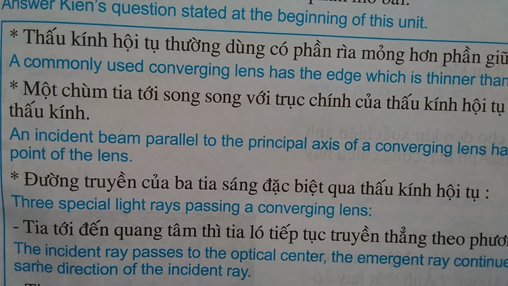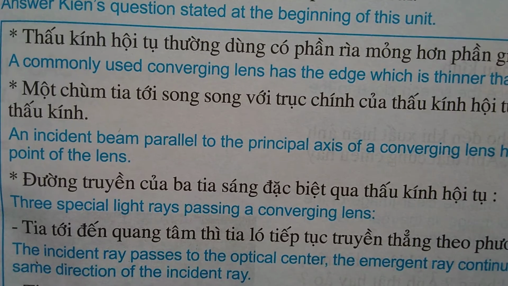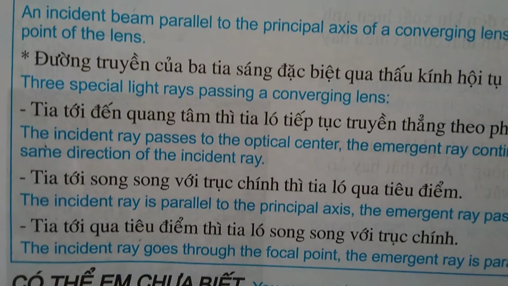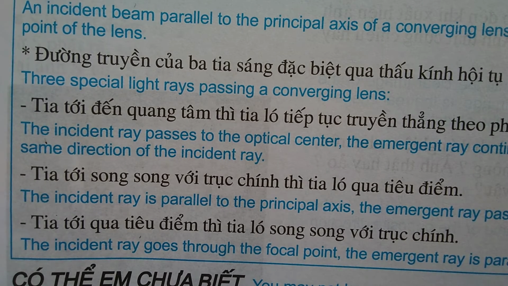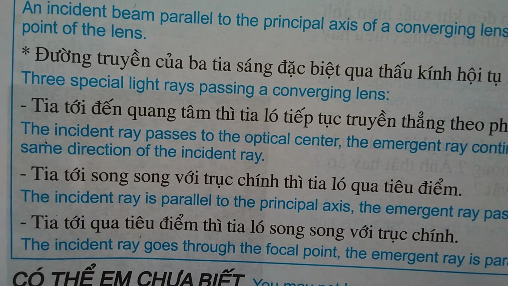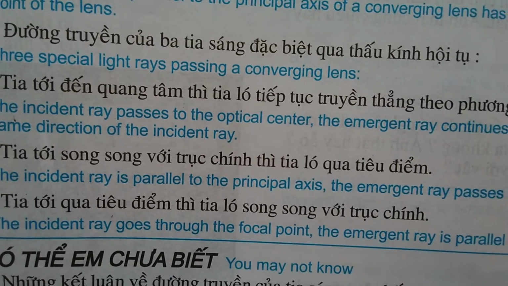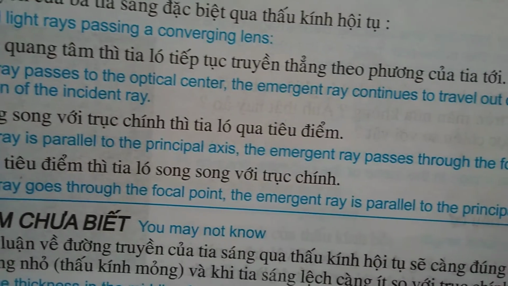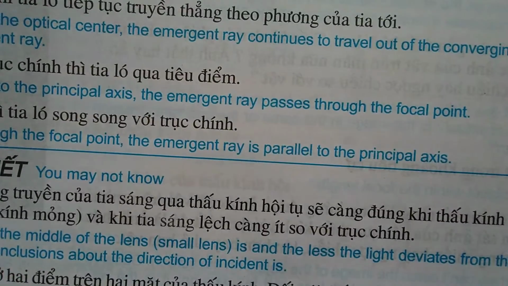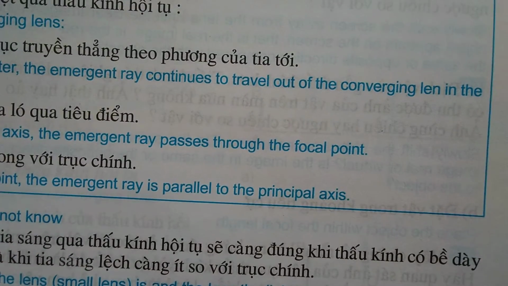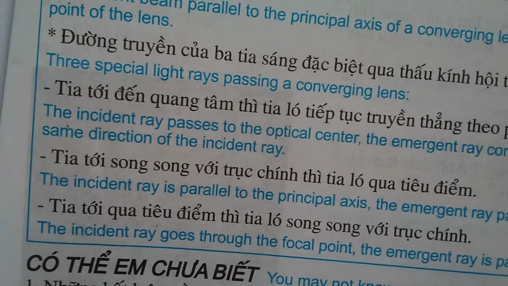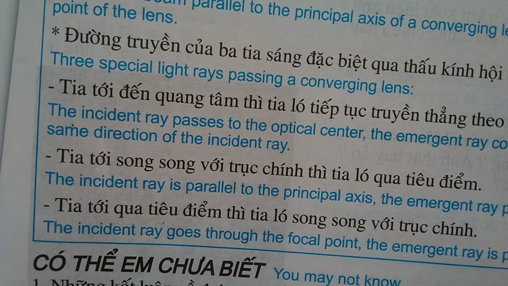Three special light rays passing a convergent lens. The incident ray passes through the optical center. The emergent ray continues to travel out of the convergent lens in the same direction as the incident ray.